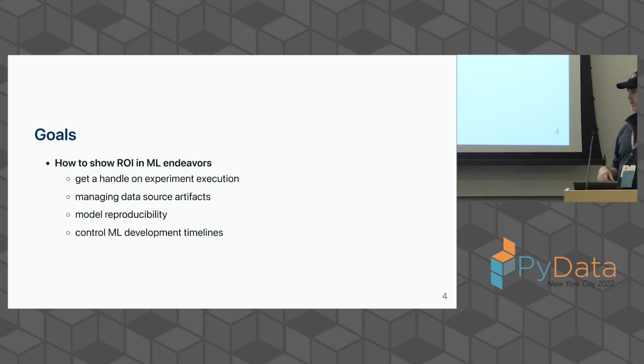Model reproducibility, because sometimes you have to go back and build things again, change things, tune things. Way back, it was new, so you could kind of get away with things. Now, people have had models in production for years, and so you need to be able to have that continuity. And at a high level, getting timelines down for when you say, I'm going to do this in 2 months, getting some way to manage that, make it easier so that you can predict things a little bit better.